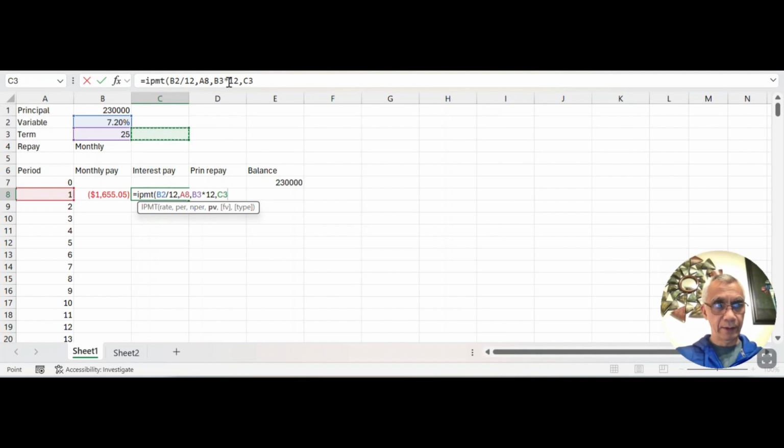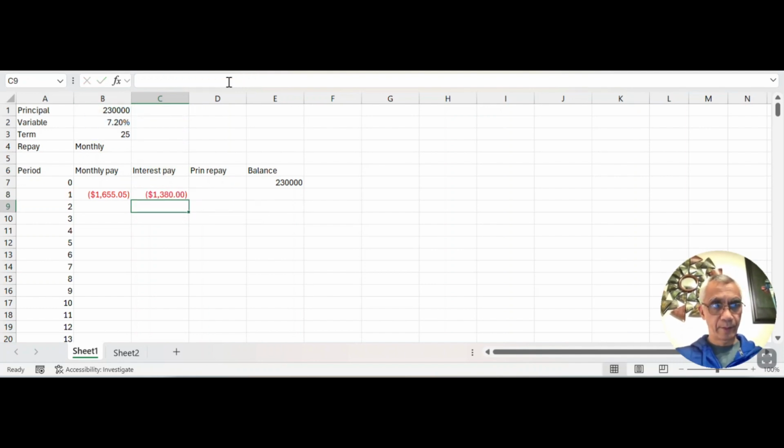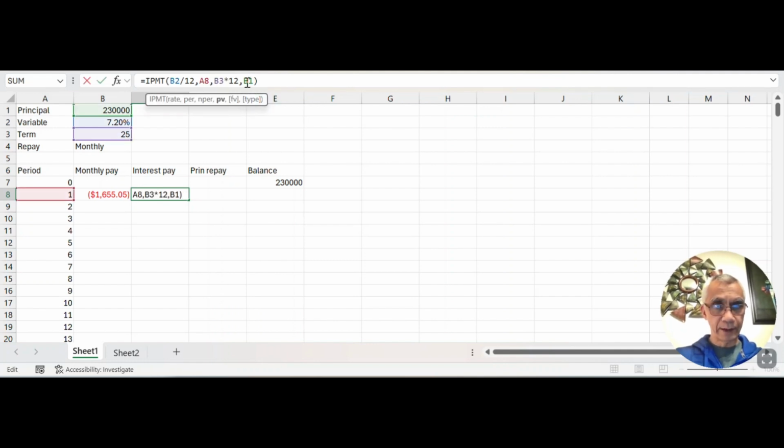Present value then is that. Alright, and let's fix again that, that. We will leave 8 because that has to change when we copy. There you go.